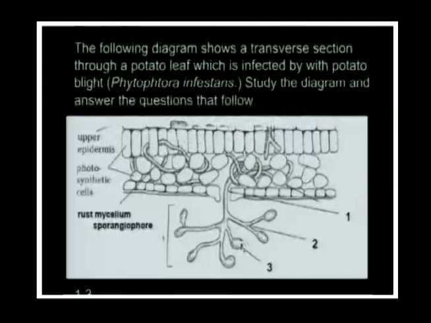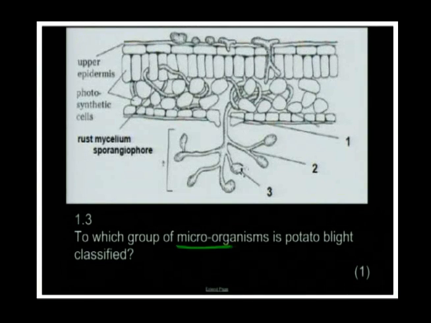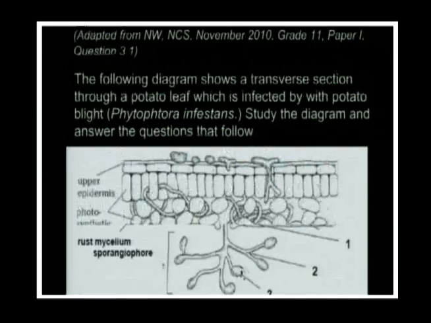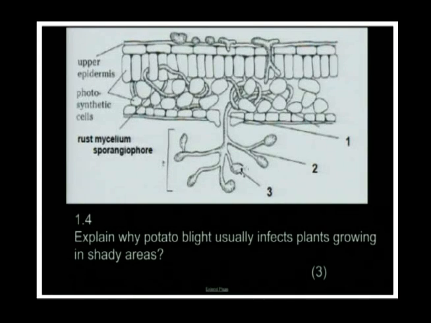The next question, to which group of microorganisms is potato blight classified? So which group that we've studied does this fit into? It is a fungus, so it fits into the group called fungi. Simple, 1 mark. Still with the same diagram, explain why potato blight usually infects plants growing in shady areas.